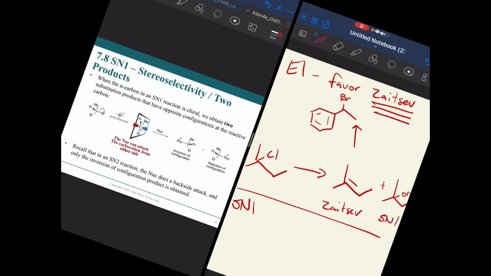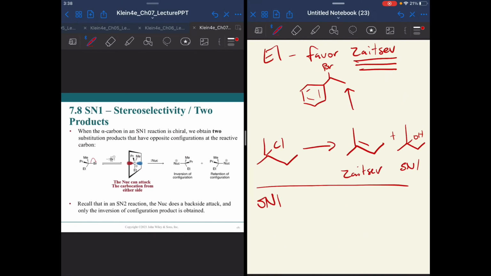As far as SN1 goes, we know with SN2 there's inversion of stereochemistry. So with SN1, you get a mixture of stereochemistry. If you have a chiral center, instead of getting just inversion or just retention of stereochemistry, you get both. So I'm going to draw a slightly different version of this.